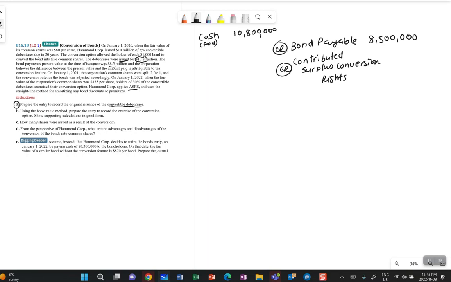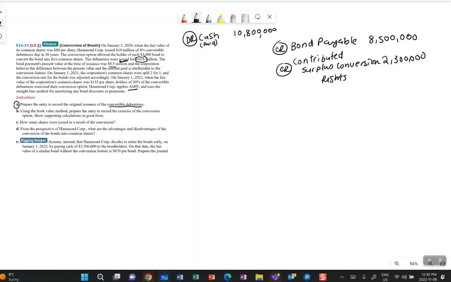That is my credit, and that is my debit. So the difference between the two will be the value of our contributed surplus, conversion rights. That's the entry you will do when you're doing a part.